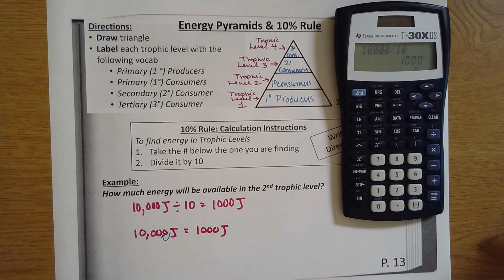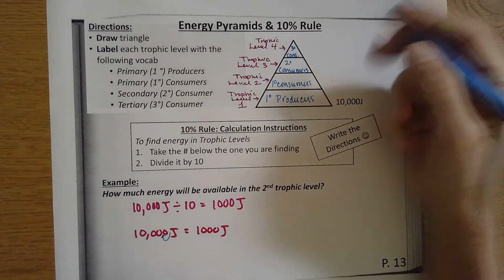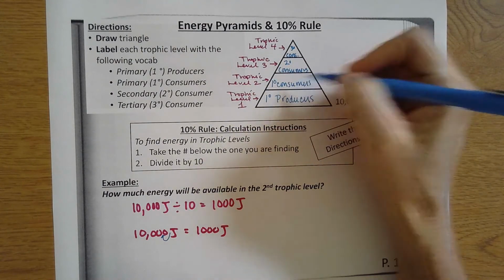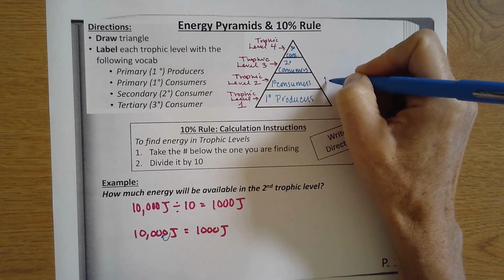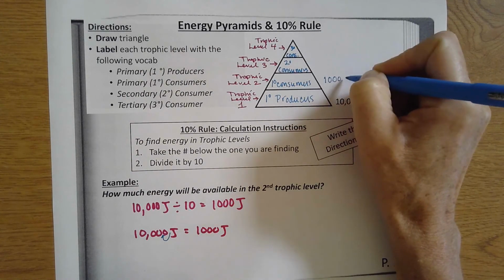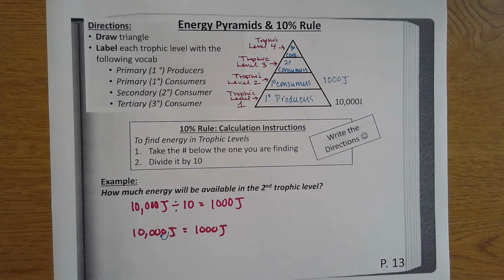So what that means is, at the second trophic level, or the primary consumers, the amount of energy available there is only 1,000 joules. Right?